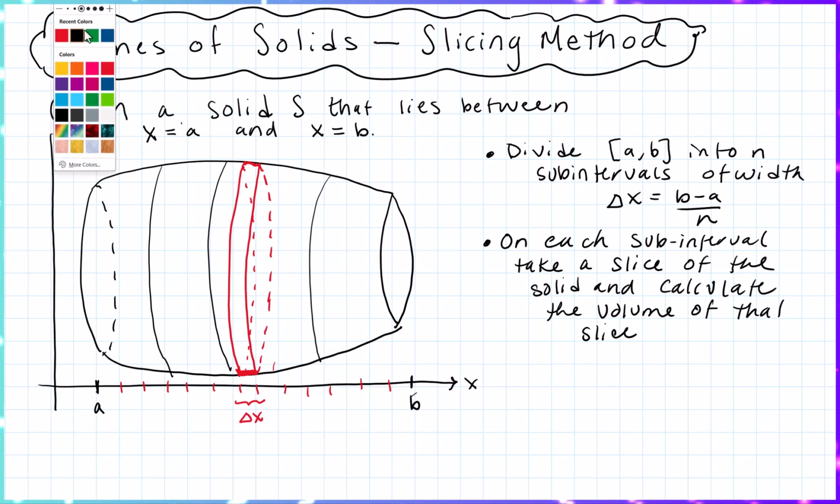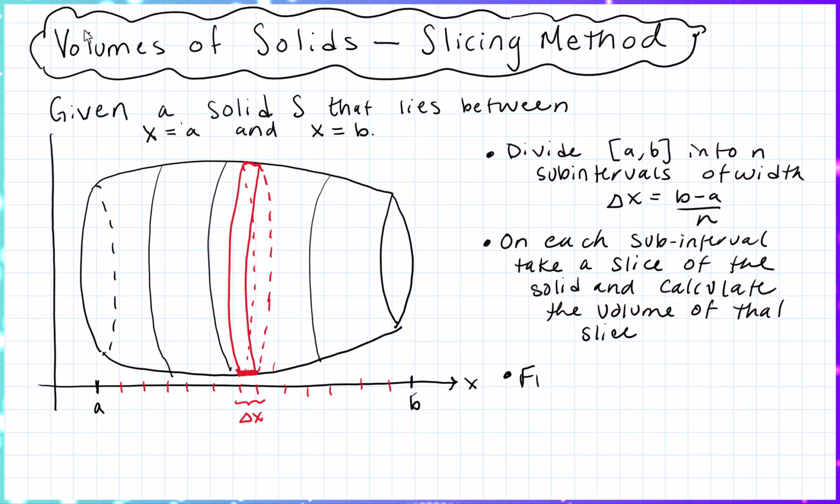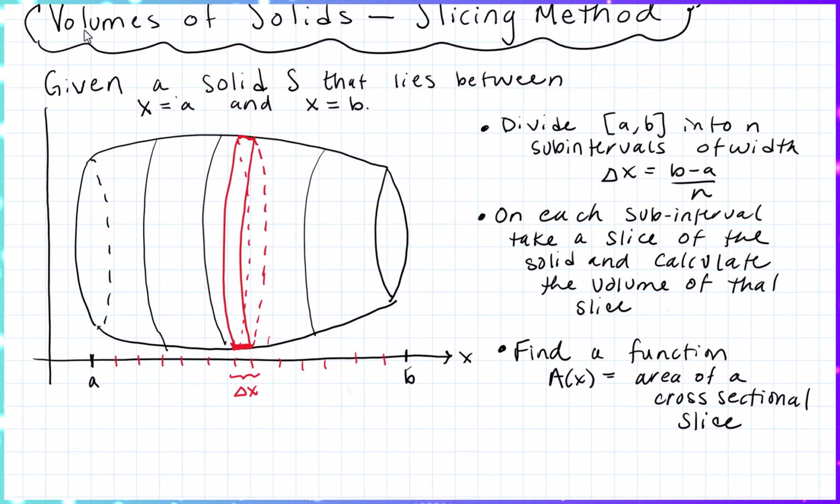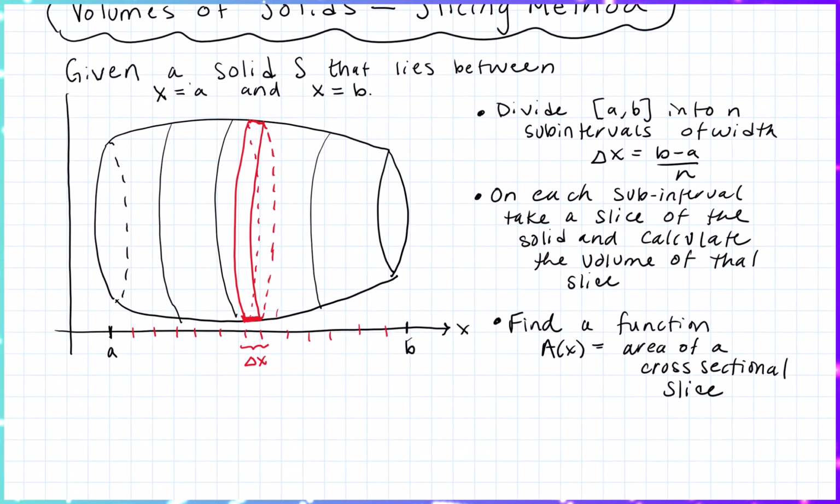And what we're going to do is generate a formula. We're going to find a function, A of x, that's going to represent the area of a cross-sectional slice. So when we take this slice, the area of a cross-sectional slice, whoa, I just erased my picture.